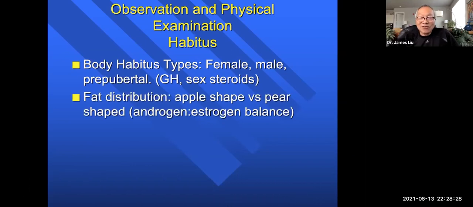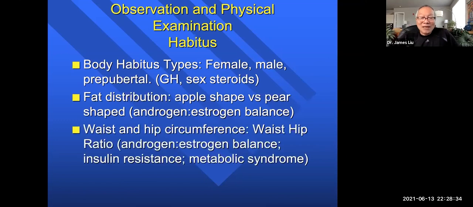We talked about the fat distribution, reflecting the androgen-estrogen balance, and the waist to hip ratio, which also represents the androgen-estrogen balance, and the predisposition, especially if the androgen predominance is there, for insulin resistance and eventual development of a condition we are all seeing more of in our developing world as well, metabolic syndrome, where there is an excess amount of insulin resistant tissue, and high insulin levels are required to drive the glucose and fatty acids metabolism.